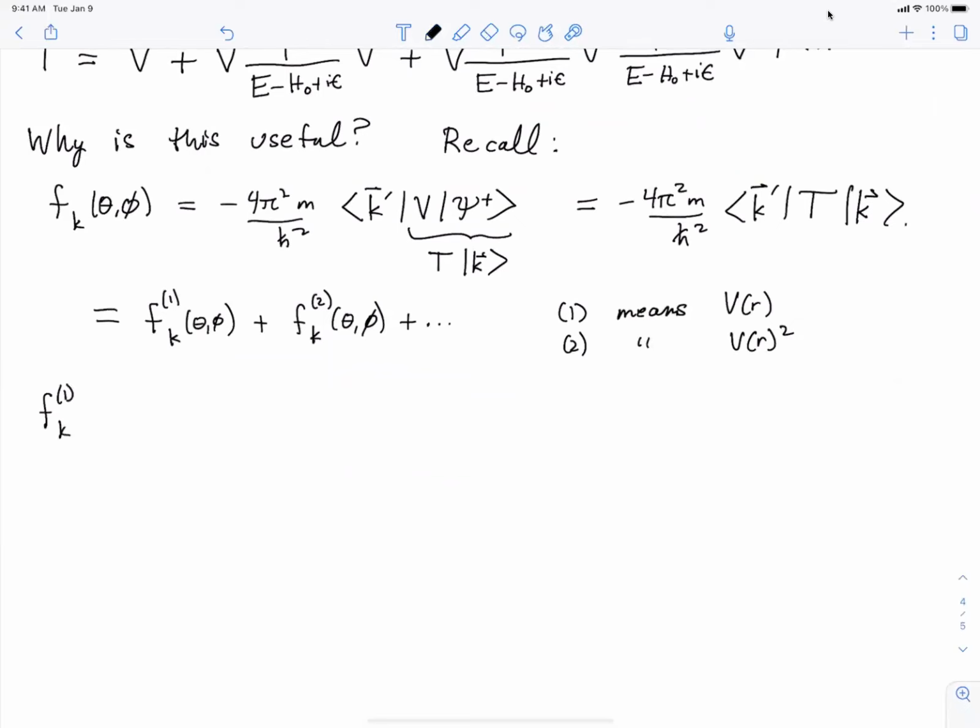f1_k of theta and phi is equal to, this is what we've been calling the Born approximation. Okay, it's k prime V k, which we wrote in position space before, but it's the same thing. So this is the Born approximation, or sometimes it's called the first order Born approximation. It's what we've been calling the Born approximation.